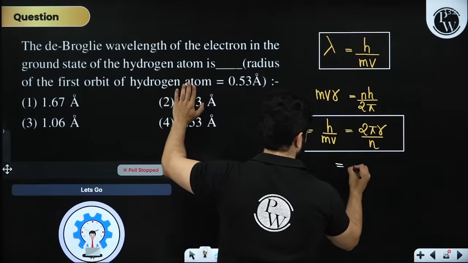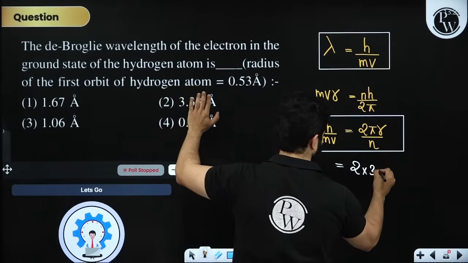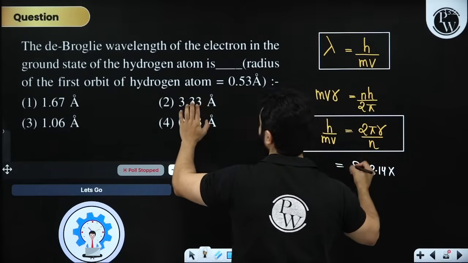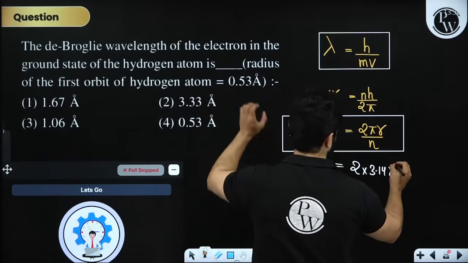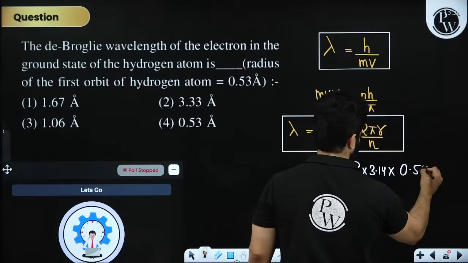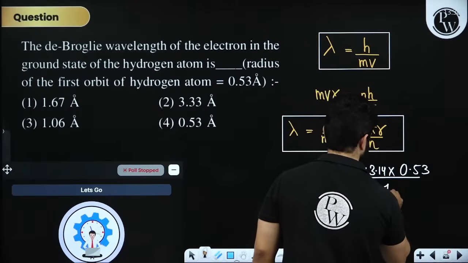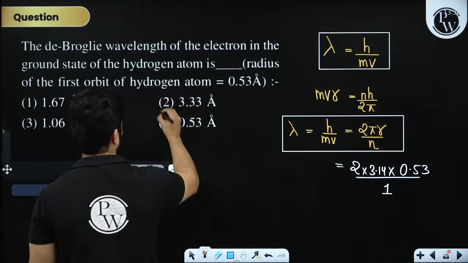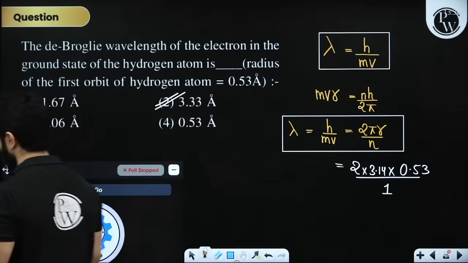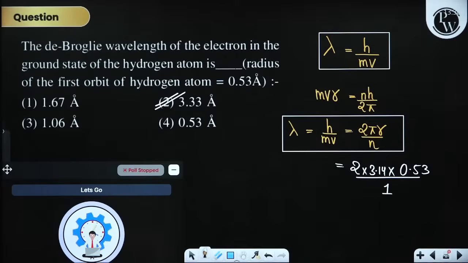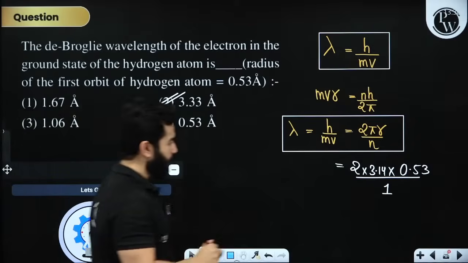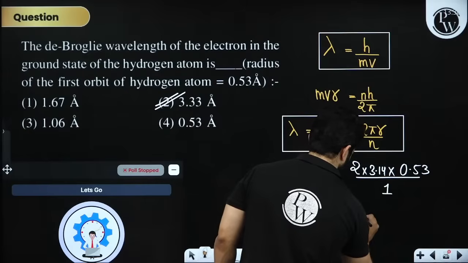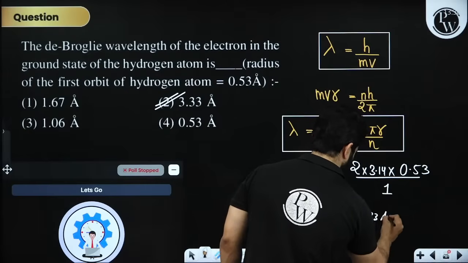So this will become 2 into pi 3.14 multiplied by r. r is 0.53 angstrom divided by n, that is 1. Please pay attention. Okay, so this will be around 3.333 if I am not wrong. Okay, this will be around 3.333, dosto. Any problem, my dear friends? Clear? This will be around 3.33 angstrom.